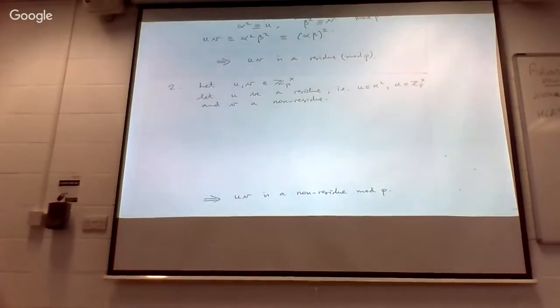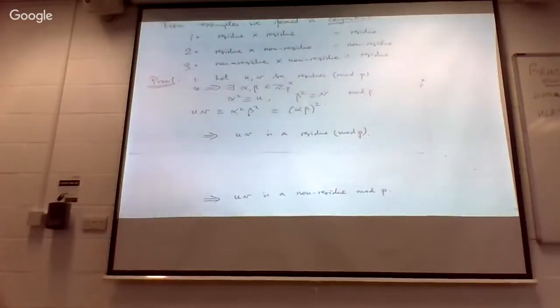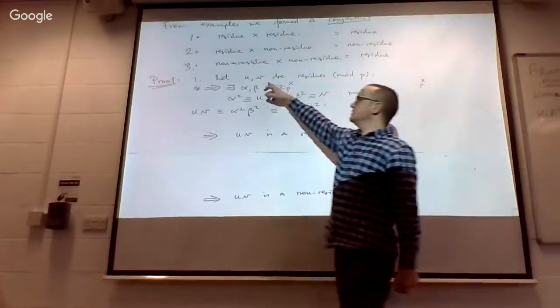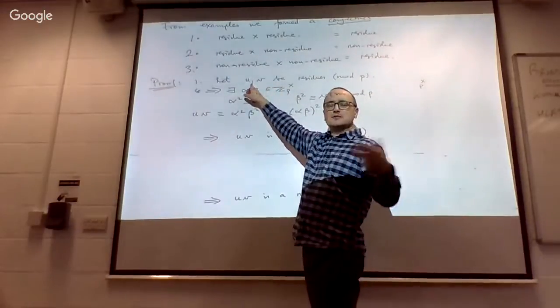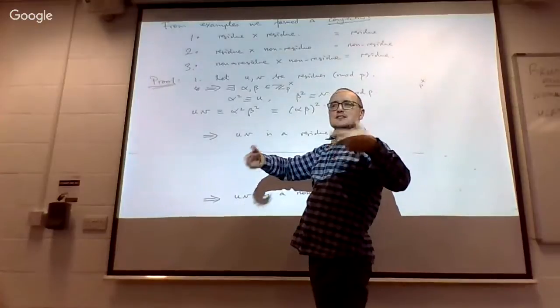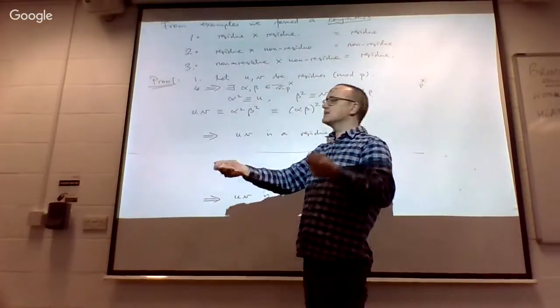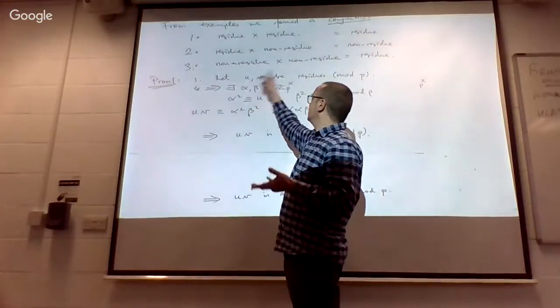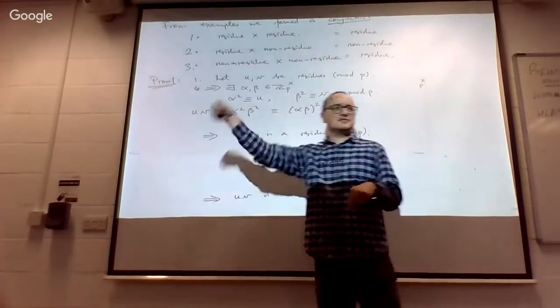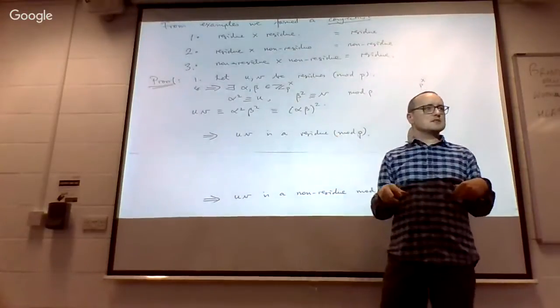Just notice it's not as nice a setup. The previous one was very open for a direct proof, because the assumption is quite a positive type of assumption, because it tells you about something that exists. u and v are residues, so there is this thing called alpha, there is this thing called beta with special properties, they square to u and v, respectively.